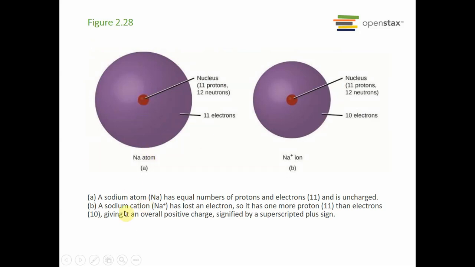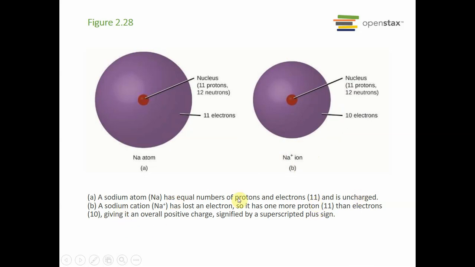This is a picture of a sodium atom. It has equal numbers of protons and electrons. Sodium is one of those that commonly forms a positive ion, a cation. And so they're showing here it shrinks a little bit, supposedly because it loses an electron.